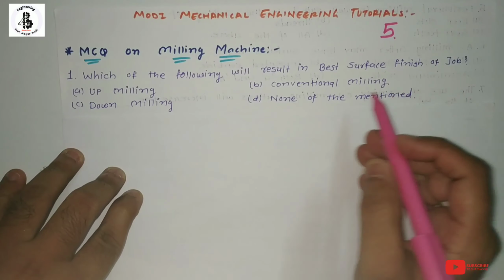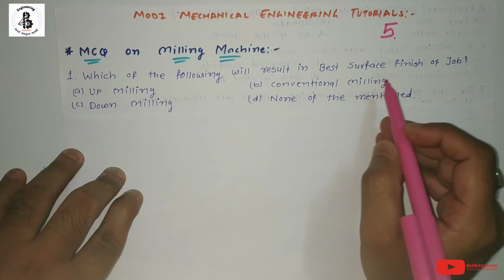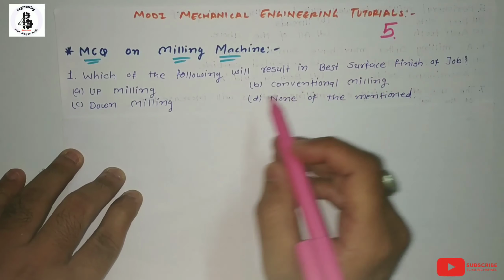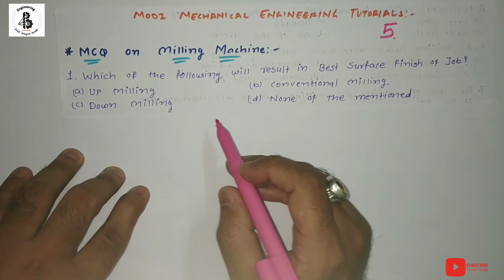So basically, for getting the best result in surface finishing on the job, the down milling process is more preferred.